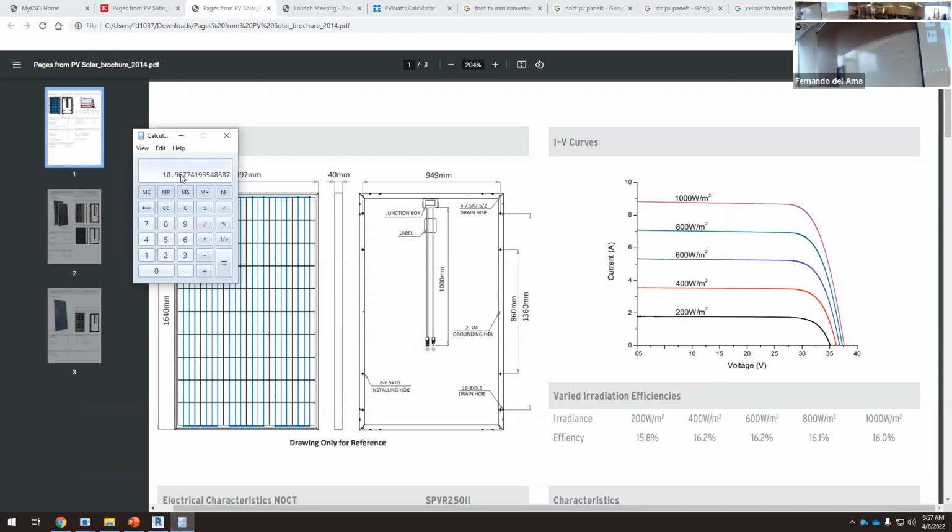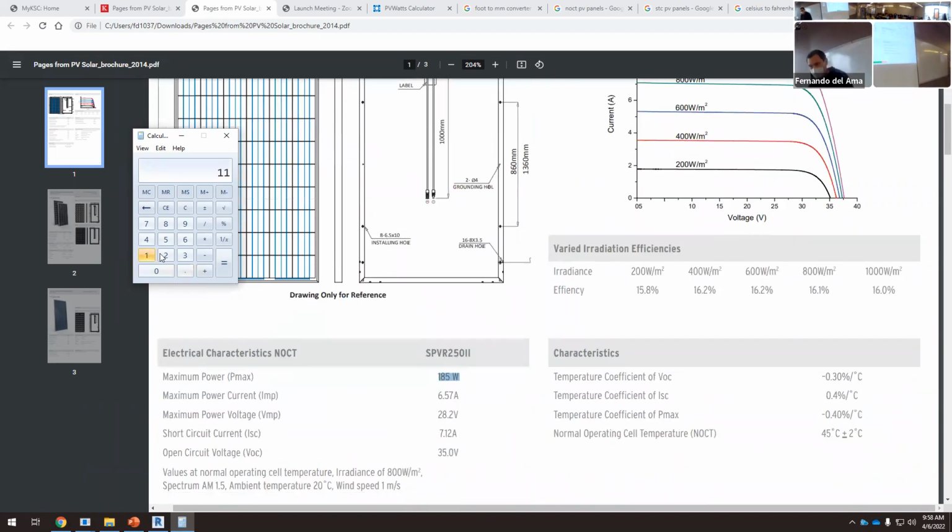Each panel is 185 watts. So this is the DC system size. It's 11 panels times 185. 11 times 185 is 2035 watts.